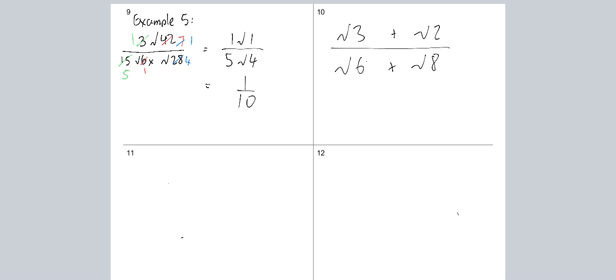We can take root 8 and turn it into 2 root 2, right? So we'd have root 6 plus 2 root 2 on the bottom, but it still doesn't help us. They're still not like terms. So because these aren't like terms, I can't add anything up here. I can't add up anything here. I could use my calculator and get an approximate, which is what we all just did a second ago, but that's all we can do, right? All right. So be careful of that. You cannot cancel down over addition.